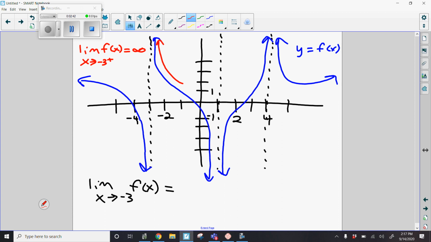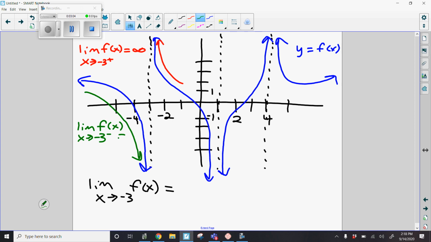But what if we looked at a left-handed limit? We can see that as we approach negative 3 from the left side, we keep getting more and more negative, right?